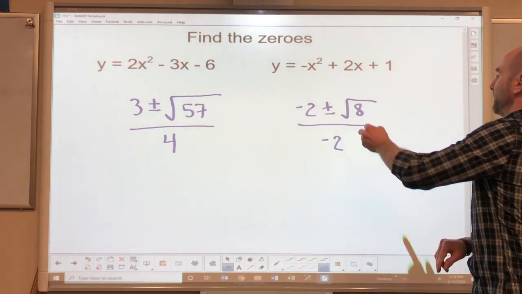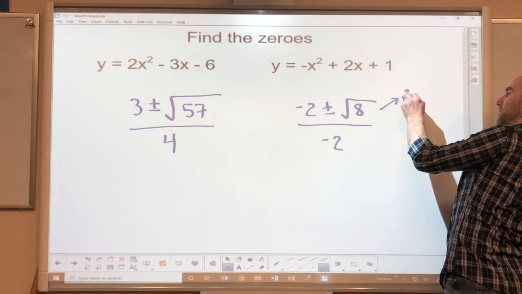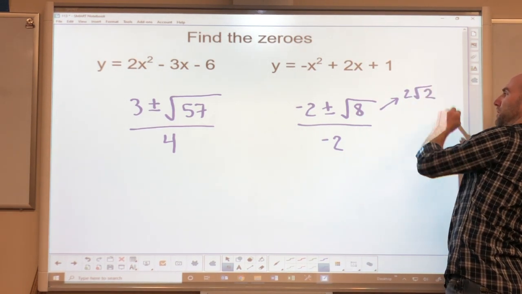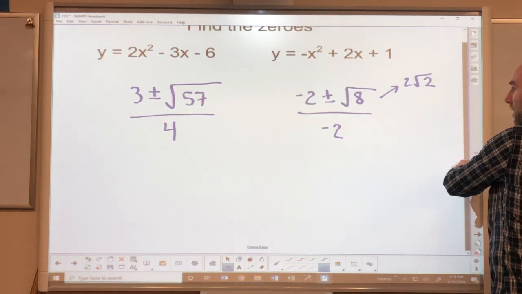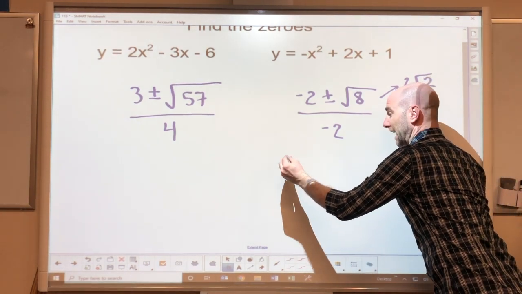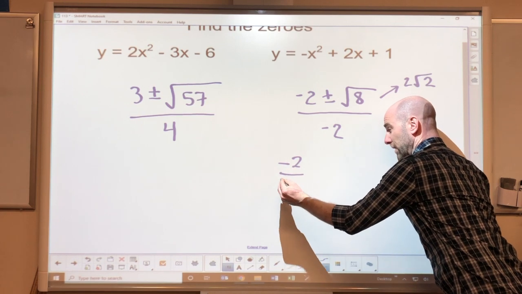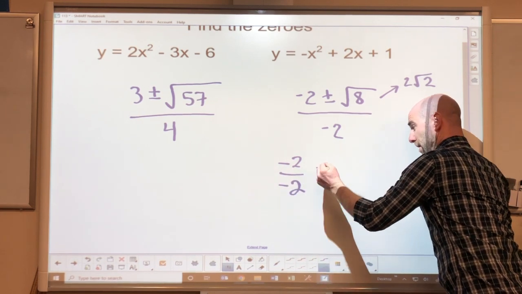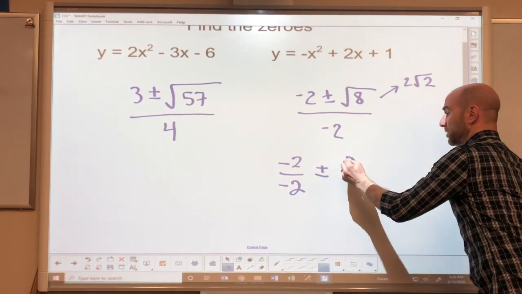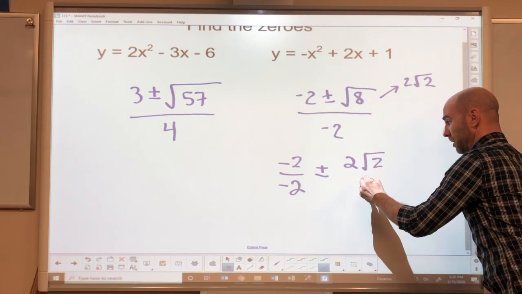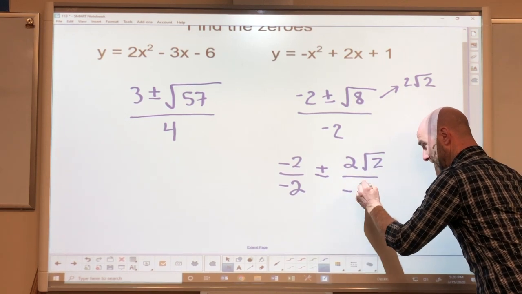This becomes 2 root 2, and so now we have -2 over -2 plus or minus 2 root 2 all over -2.